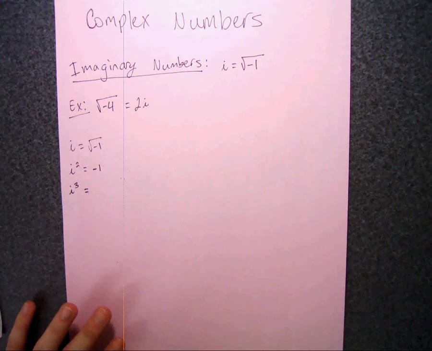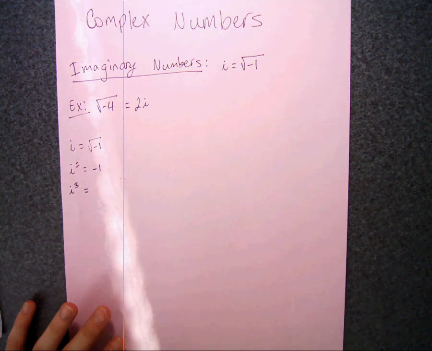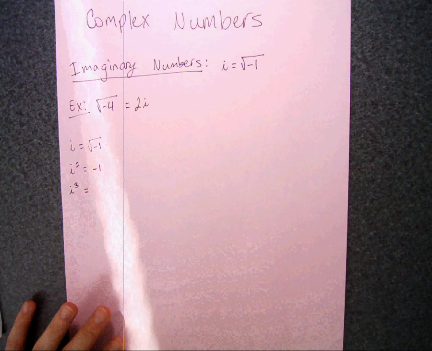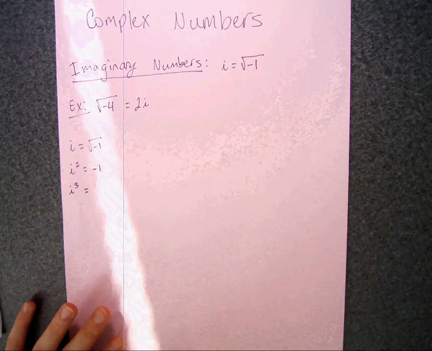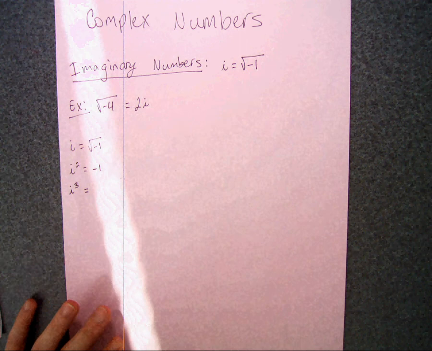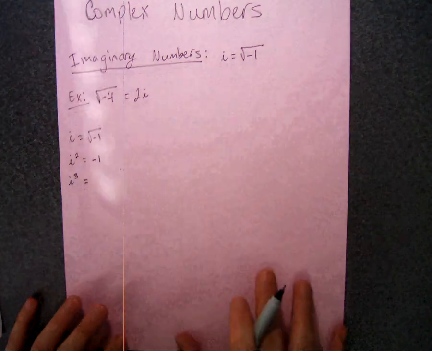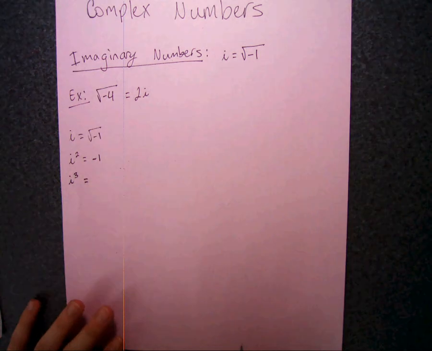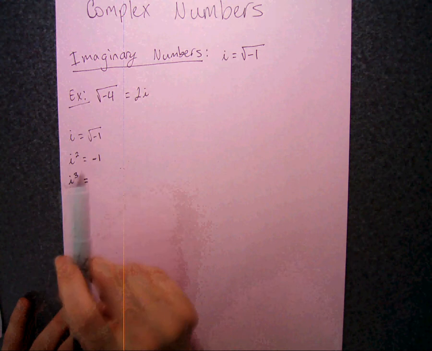Very good, Anthony. It's negative square root of -1, right? i cubed means I'm multiplying these two together.